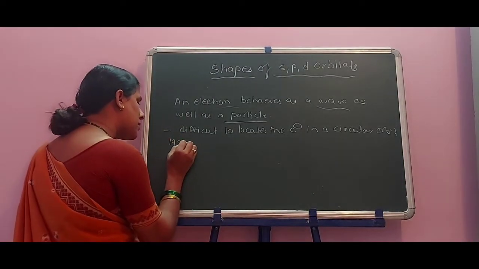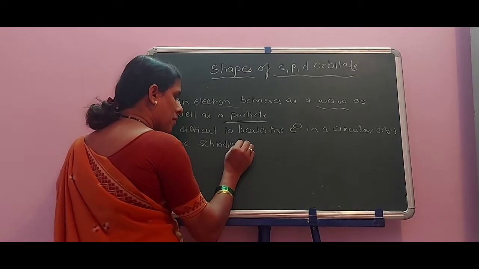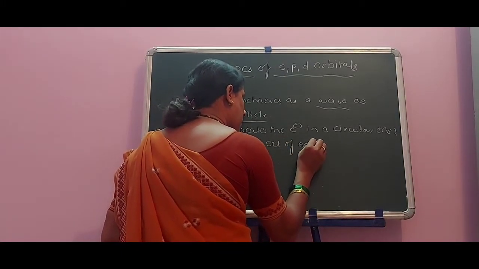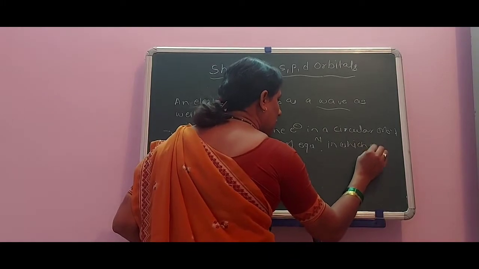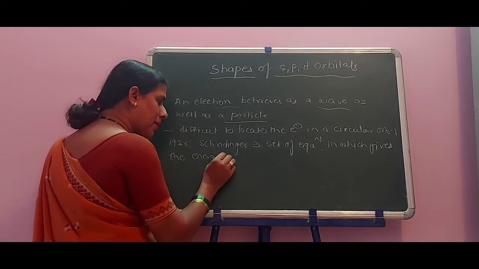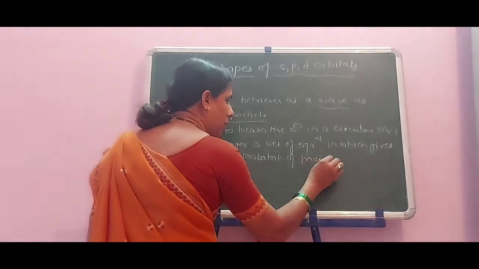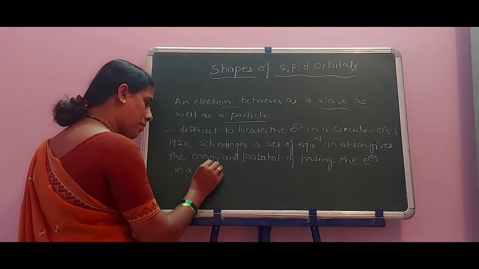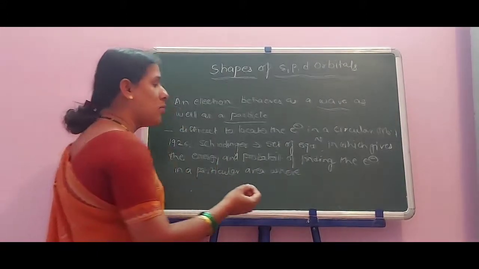But in 1926, the scientist Schrödinger developed a set of equations which give the energy and the probability of finding the electron in a particular area where it surrounds the nucleus.